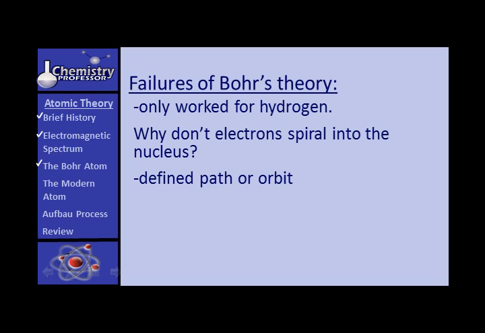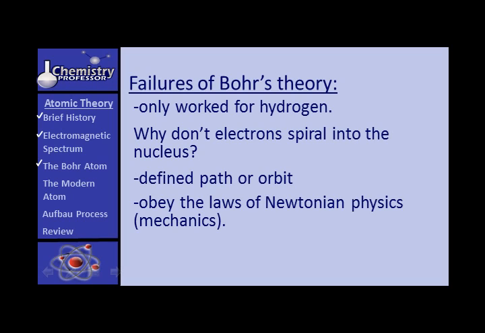Further, Bohr's theory assumed that electrons maintained a defined path, in this case, an orbit, and he expected electrons to obey the laws of Newtonian physics. In other words, the laws of mechanics.